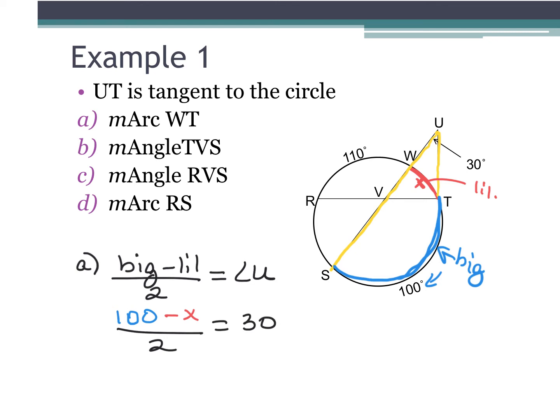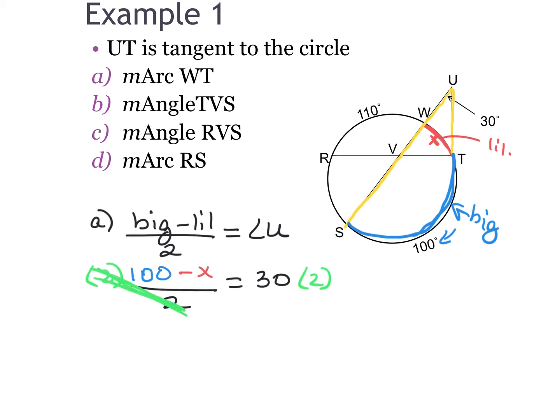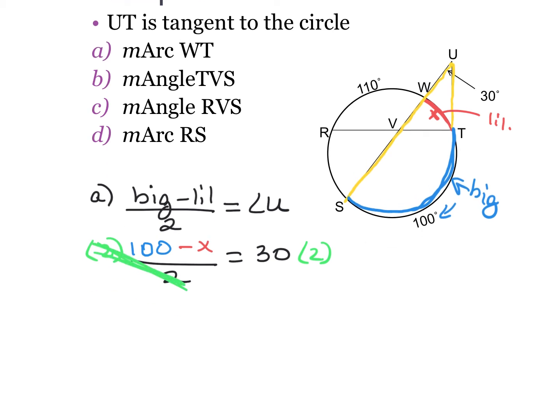I now need to solve for X by first getting rid of the fraction. So I'm going to multiply both sides by 2. The 2's will cancel, and now I have 100 minus X equals 60.